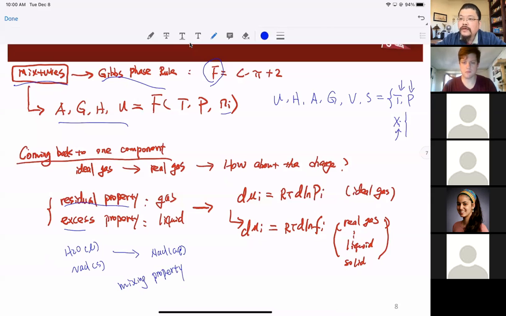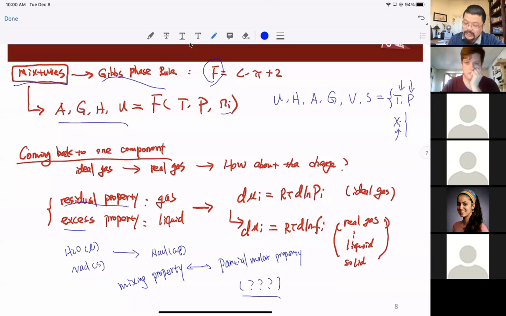All right, we devoted one whole chapter on those mixing property calculations, and I hope you somehow recall that. We try to connect that with the partial molar property. Okay, so there you probably need to also visit the previous slides if you cannot connect those components together.